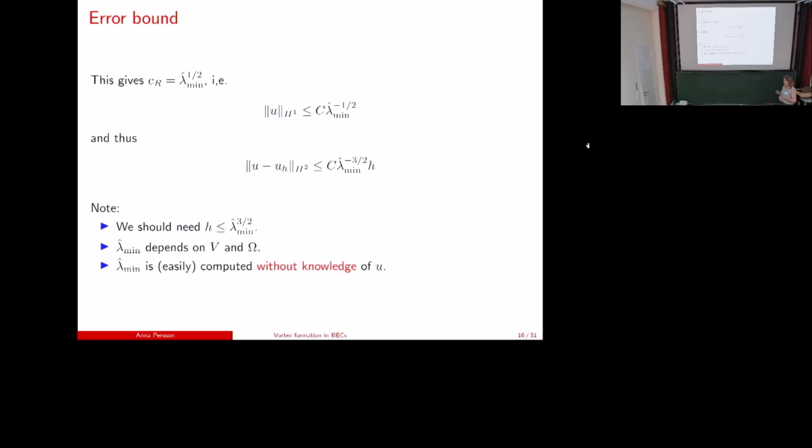You can solve this easy eigenvalue problem before solving the Gross-Pitaevskii equation. Otherwise this would not be a good result. So you compute it first, and you get a rough estimate of what my mesh size should be to get a reliable solution from the finite elements.